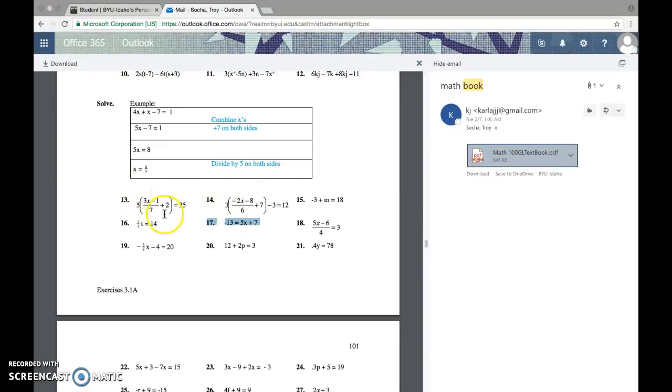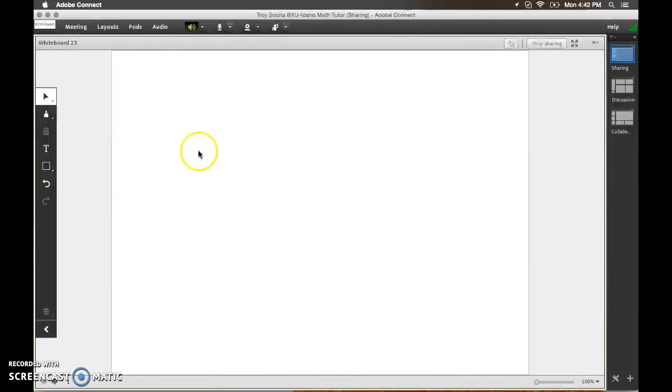Let's do number 13. So if we do number 13, let's see if I can get this copied correctly. Oh, nope, it did not. All right, that's fine.